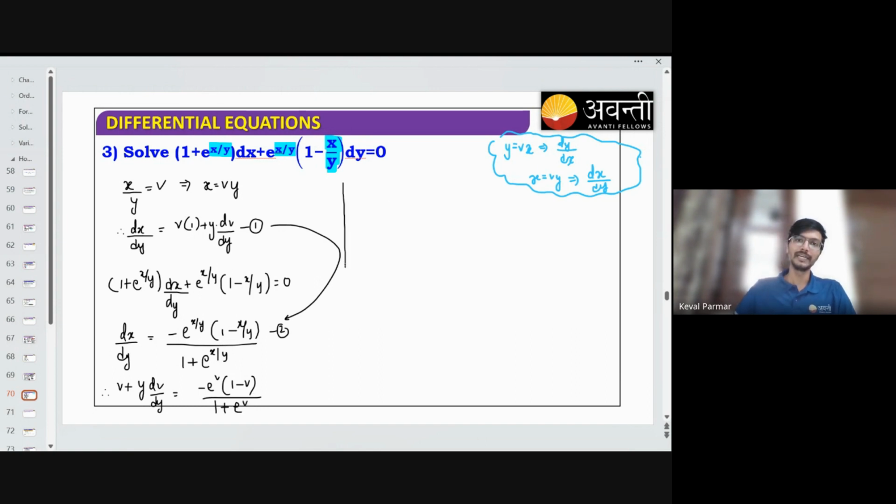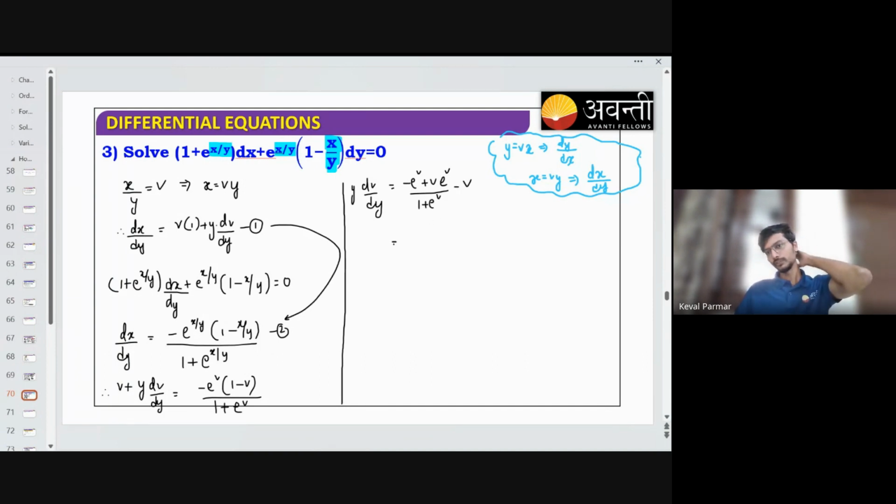Let us simplify as we do every time. So I'll get y dv over dy is equal to minus e raised to v plus v into e raised to v upon 1 plus e raised to v, minus v. So if I take LCM, I'll get minus v, so this will get cancelled.